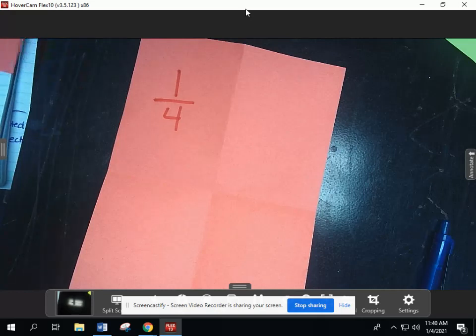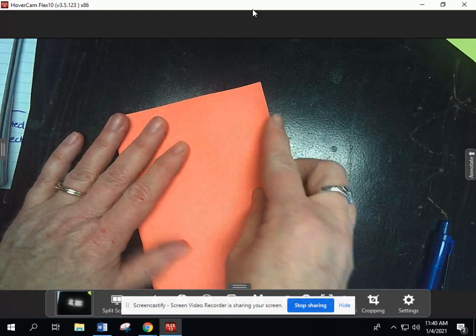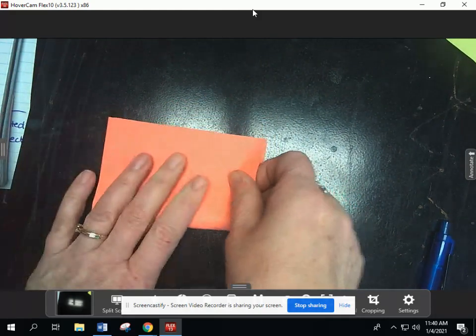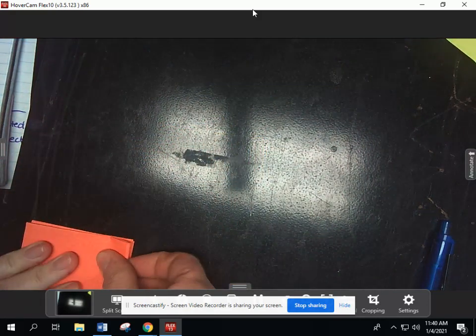Okay, so we did 1/2. We did 1/4. What do you think we're going to do next? Yes. Good try. 1/8. So we fold it in half, we fold it in half again, and we fold it in half again. Remember when we were learning our multiplication where we have double?